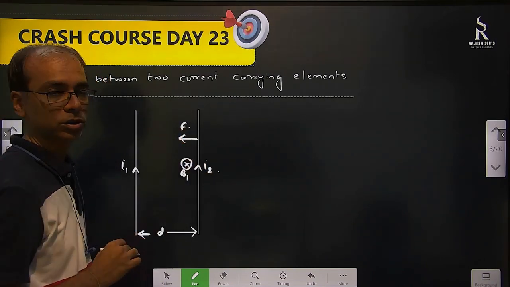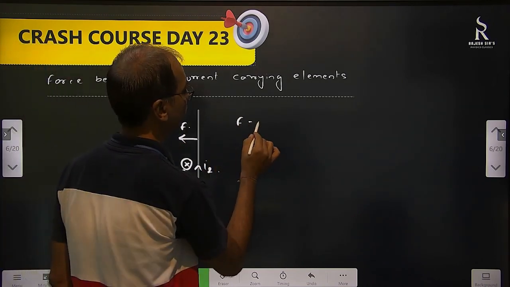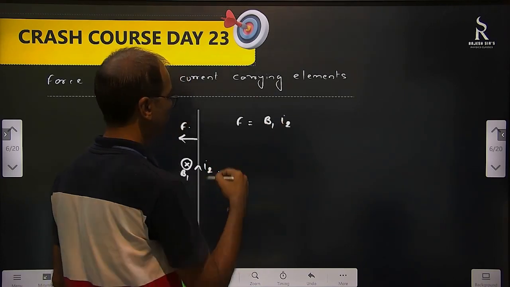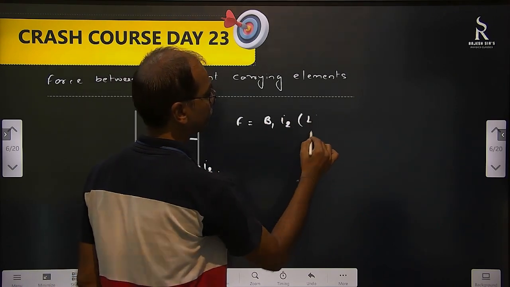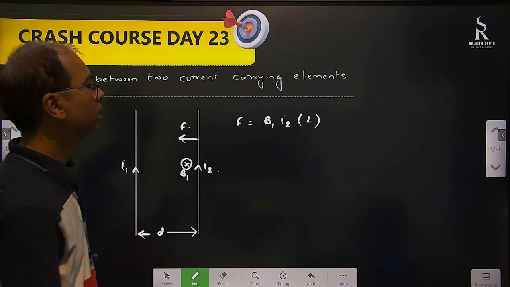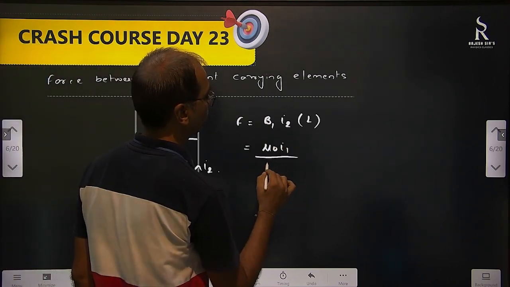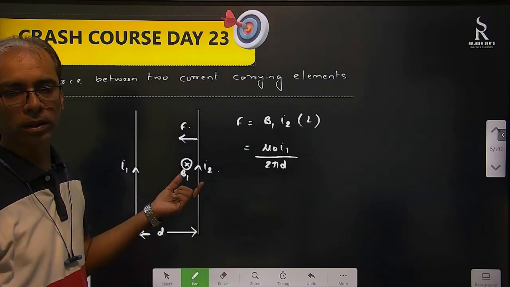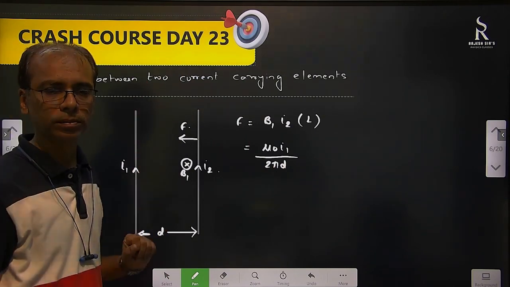But what is the force? You should know its value. So F is actually B1, I2 and the length of this wire, say L. So then B1 is what? Mu naught I1 by 2 pi d. Considering its length is infinite, it's very long.